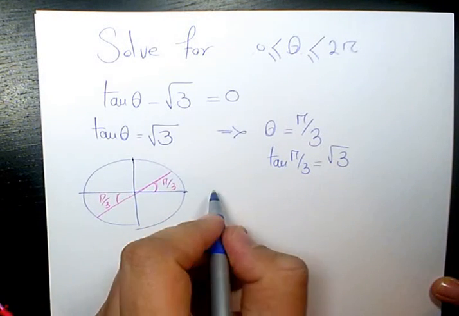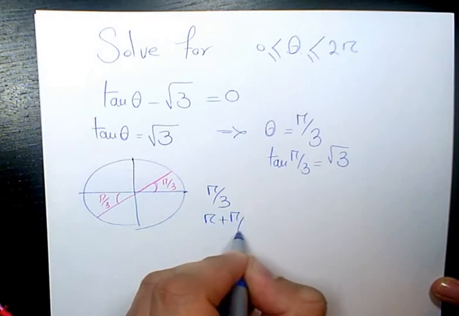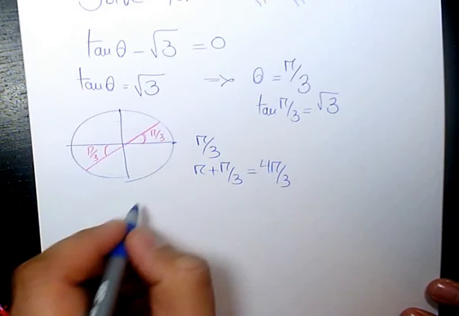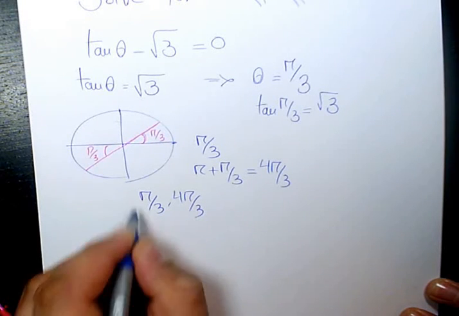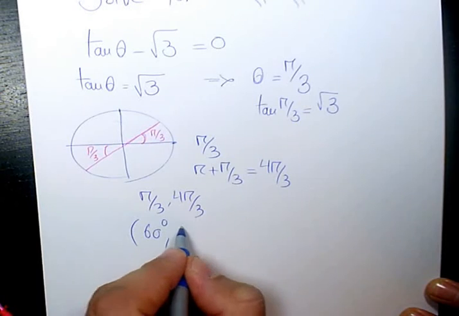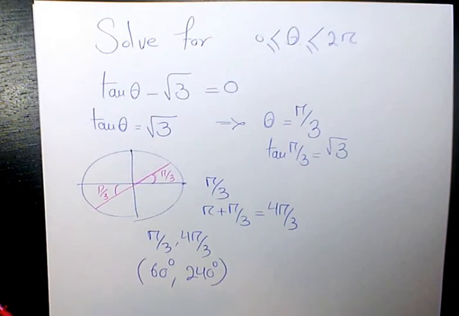So one answer is pi over 3, the other answer is pi plus pi over 3, which is 4 pi over 3. So we have pi over 3 and 4 pi over 3, 60 degrees here, and here we have 240 degrees. So these are the two answers to this question.